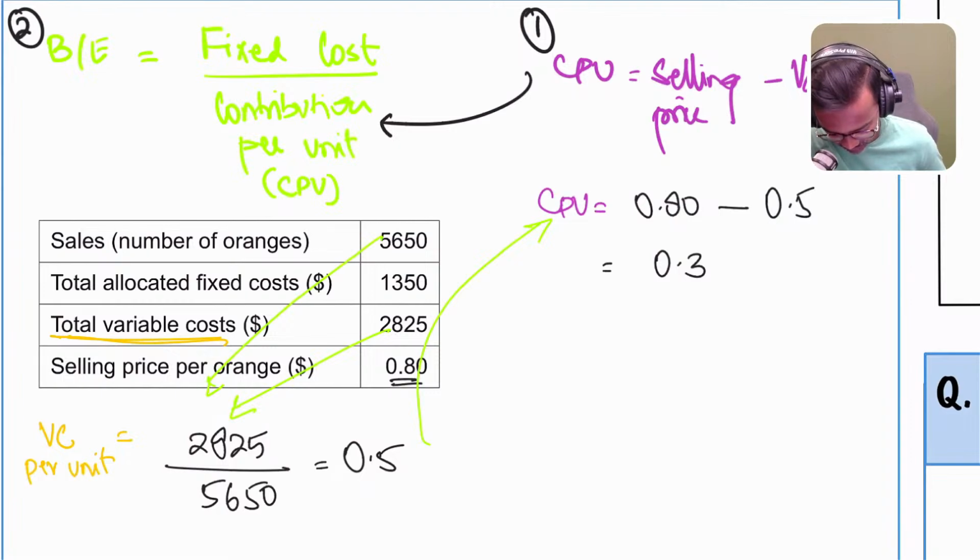Okay, now if that's your contribution, my break-even formula is 0.3 denominator, and this time my fixed cost goes here.